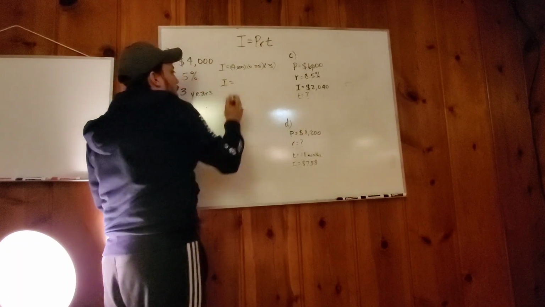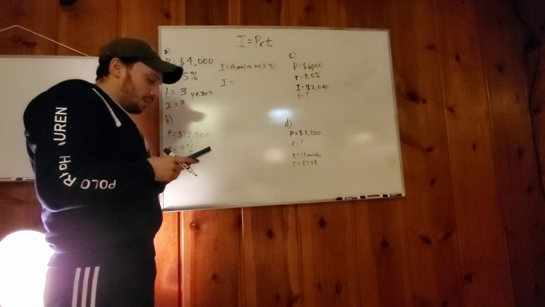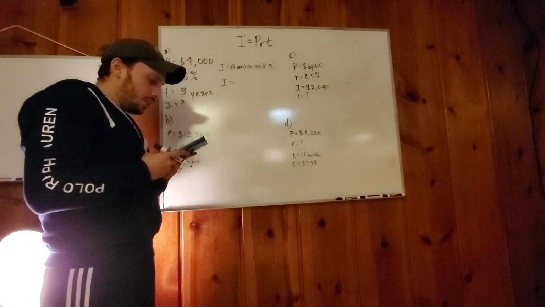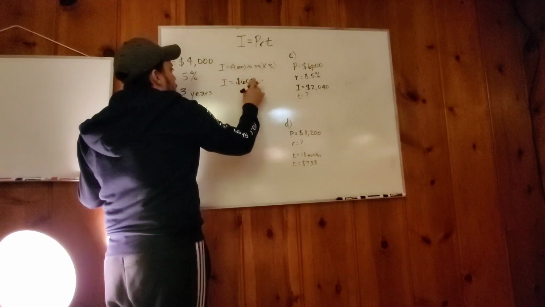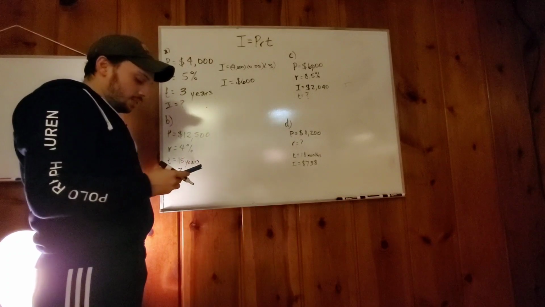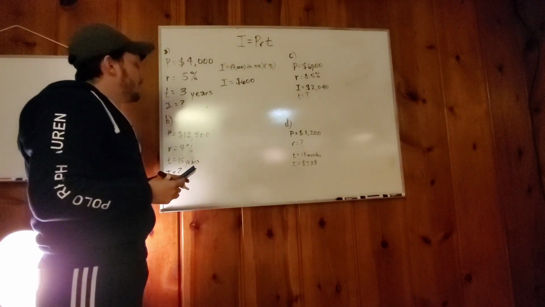That would give you I. Let's actually do that. 4,000 times 0.05 times 3 would give you $600. So after 3 years, you would earn $600 out of $4,000. That's not a lot, to be honest with you, but, you know, it's decent.